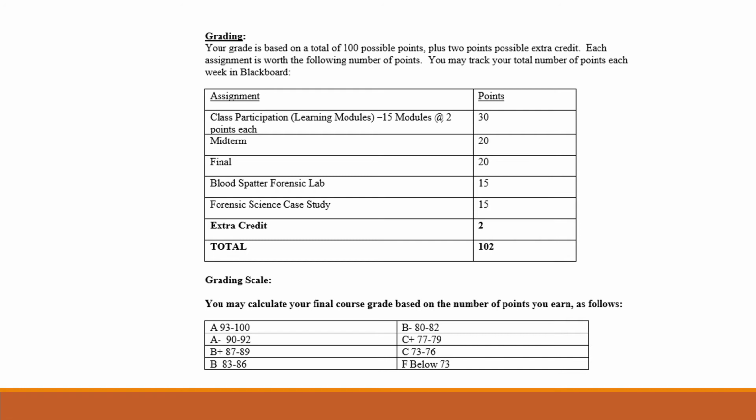One case study that you research and write up worth 15 points. That comes to 100. And then there will be an extra credit opportunity that I'll talk about in a minute worth 2 points. So it's possible to earn 102 points in this class. The grading scale is here, so you can see what you have to get an A or a B or whatever. This is also in the syllabus.